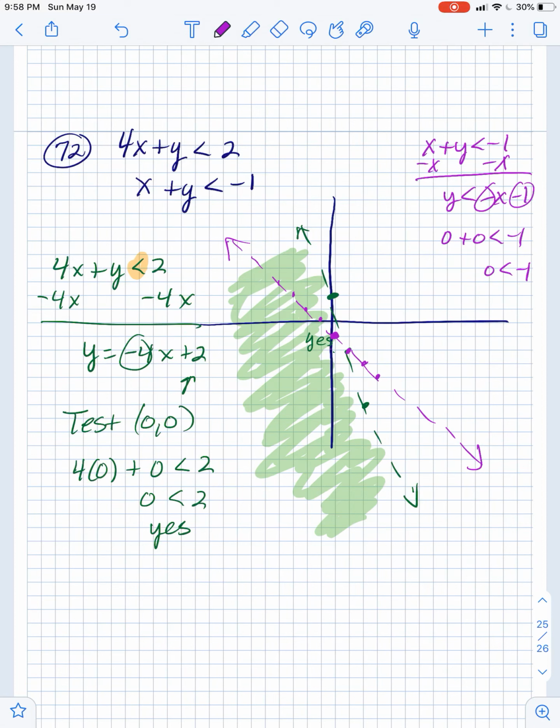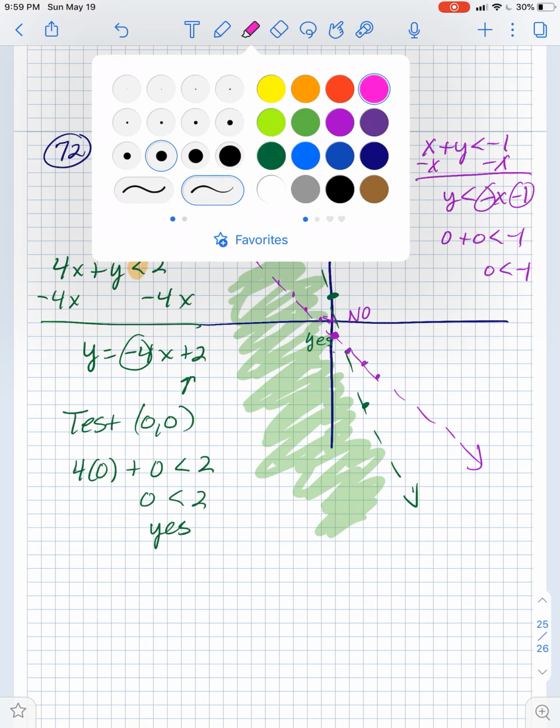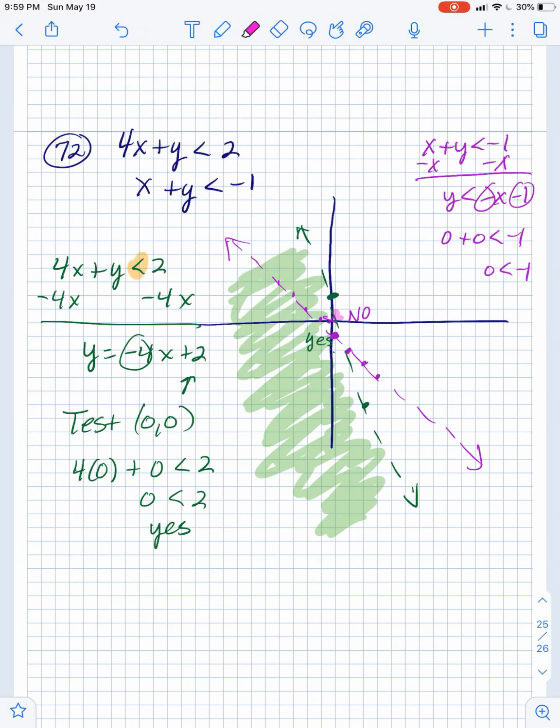So is 0 less than a negative 1? And that is, so here's 0, 0. I'm testing, and that's a no, it is not. Which means that I need to shade away from, so this is a no over here. So my purple needs to shade so that 0, 0 is not included.